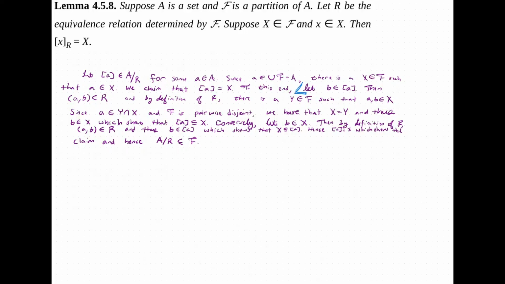So let B be in the equivalence class of A. We run through the definition that shows us eventually that B is in X, and that tells us that the equivalence class of A is in X. Then we do the conversely part: we choose a B in X, run through the argument, and show that X is in fact in here. The portion of the proof that is relevant to the lemma is just this portion separated in blue, and that's the proof for the lemma.